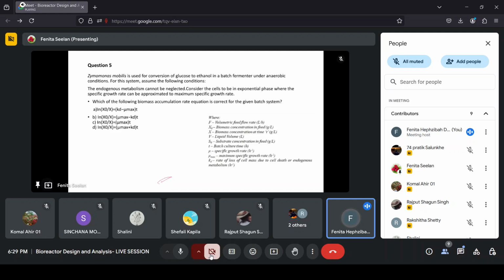So what does endogenous metabolism mean? You can see here where it is given what these things are. The only equations with KD, which involves endogenous metabolism, are this and this. Obviously, the answer should be one of these two.